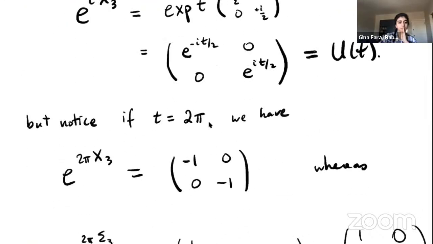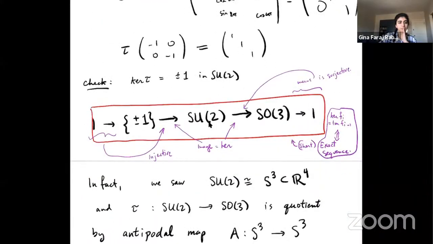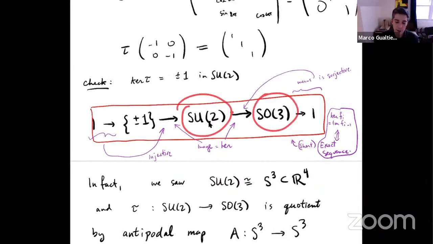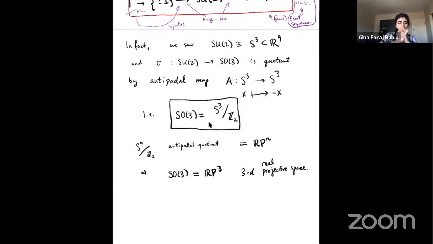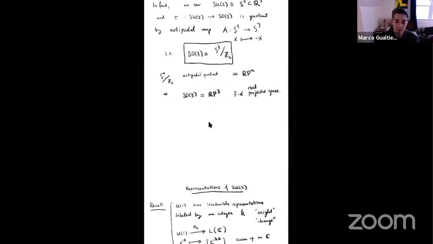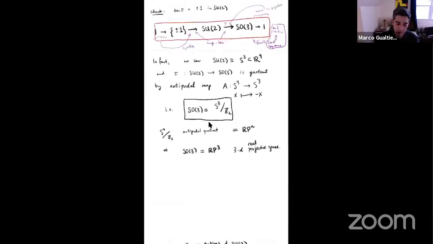So this is one space, this is another. There's a map tau, a homomorphism from this to this. But that homomorphism is not an isomorphism because it's not injective. There's a very small kernel. Sorry, I just went over it, but I feel like repeating it might be helpful.